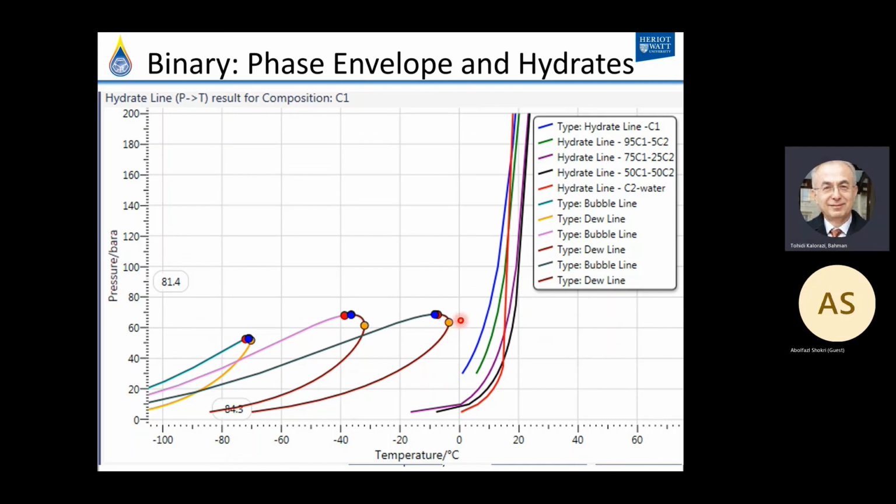So as far as the phase envelope is concerned, these are gas. They don't cross the two-phase region, which is where they become liquid. Therefore, although pure C2 becomes liquid, the mixture won't be liquid, and that's why we get a straight line here, and we can predict the hydrate phase boundary.